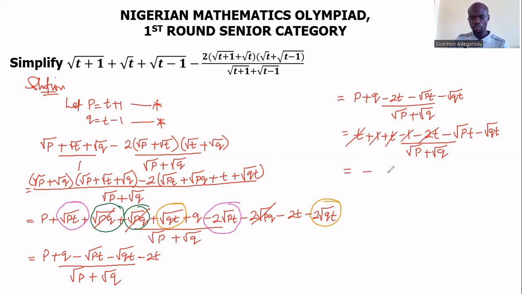In a nutshell, we're left with minus root PT, minus root QT, over root P plus root Q.